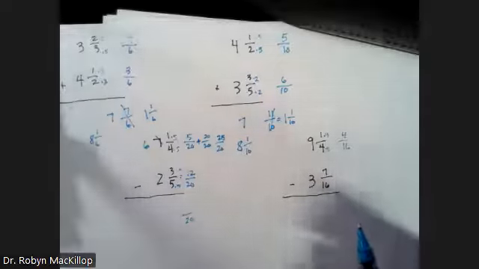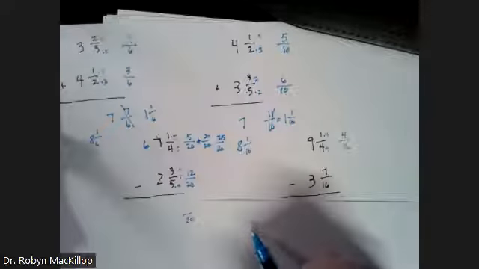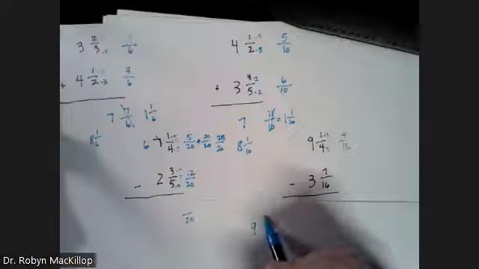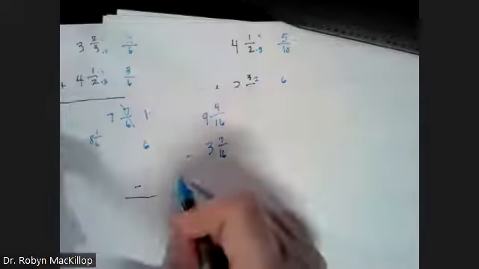But we run into the same problem we just had. We cannot subtract 7 from 4. So I'm going to rewrite this again, just so it's clean. We've got 9 4/16 minus 3 7/16. And because we cannot subtract 7 from 4, we're going to borrow 1 from the 9.